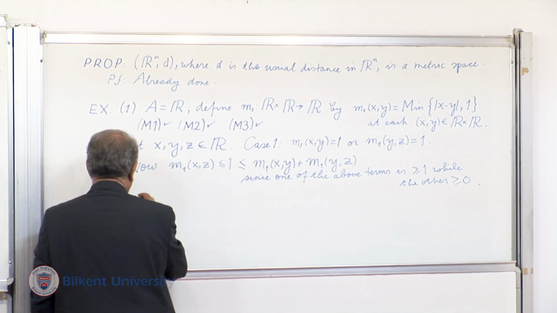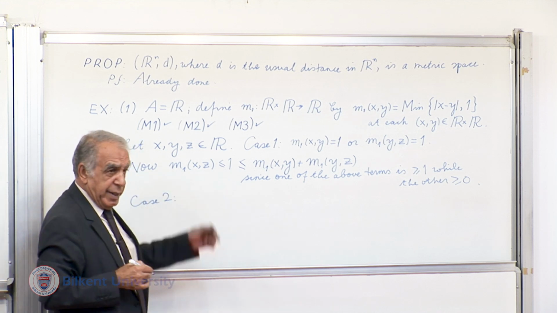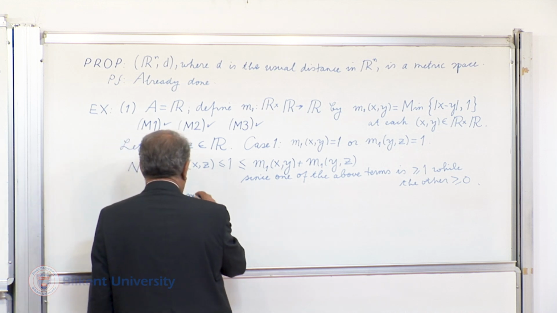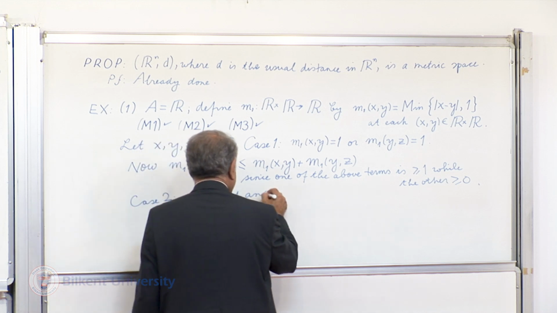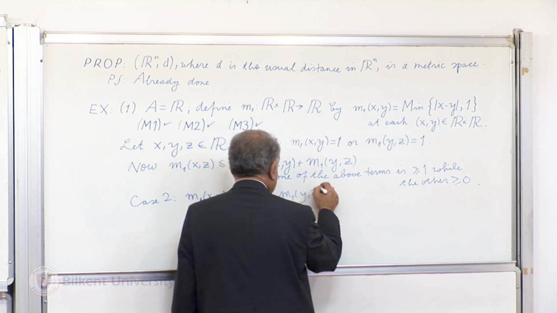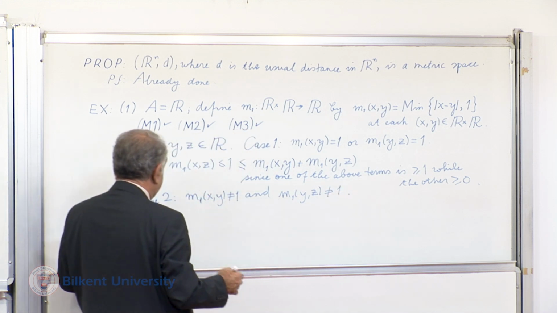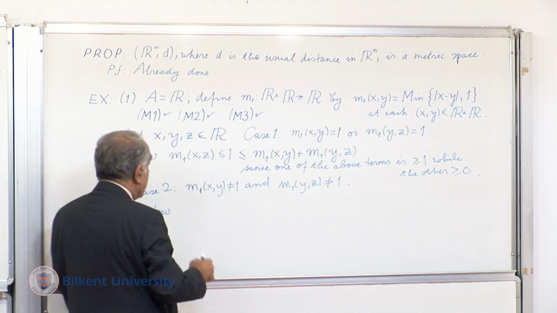Case 2, the negation of this. The negation of this is that m1(x,y) is different than 1, and m1(y,z) is different than 1. Now, what does that mean?